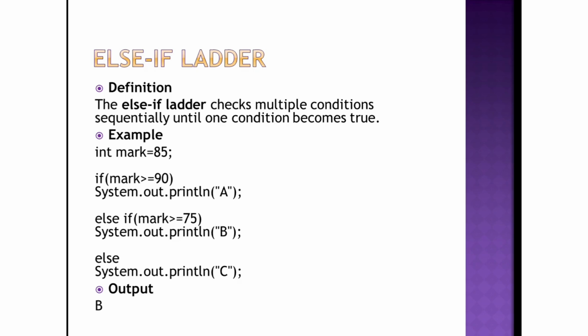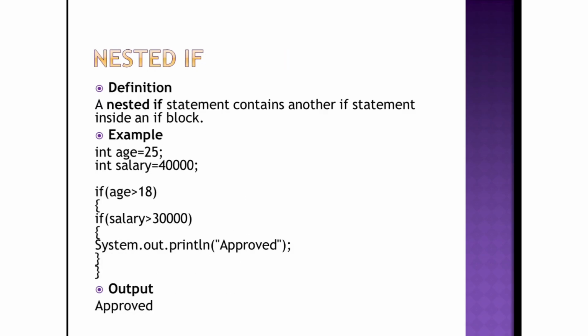Next, let's understand the nested if statement. The word nested means one thing placed inside another. In Java, a nested if means an if statement inside another if statement. Let's understand with the example. We have two variables, age is 25 and salary is 40,000. The first if statement checks whether the age is greater than 18.